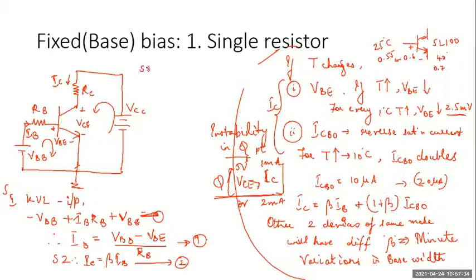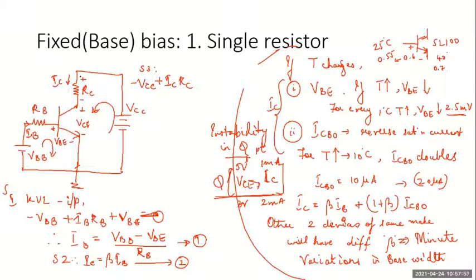Next is step 3. Step 3 is to write the KVL equation of the output loop. We are moving around the output loop in the anti-clockwise direction. So again, minus VCC, IC is flowing downwards, plus IC RC, because this drop will be here.